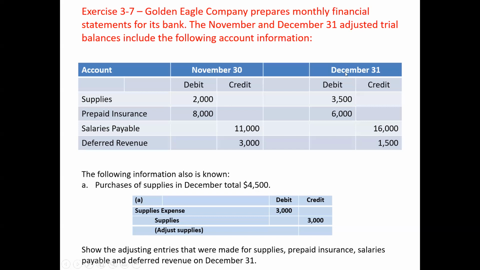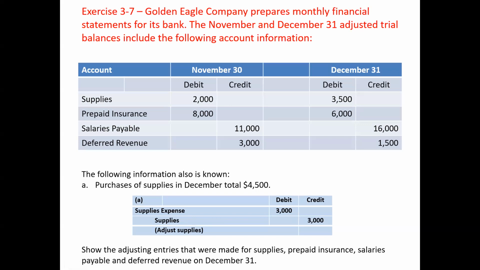But why is it, guys, that on December 31st we only show 3,500 in the supplies account? Well, wouldn't that be the difference? The $3,000 were used up. So we debit supplies expense for 3,000. We credit supplies for 3,000.